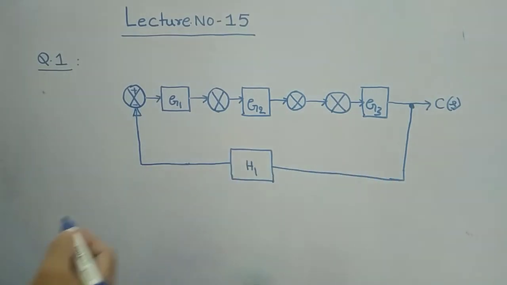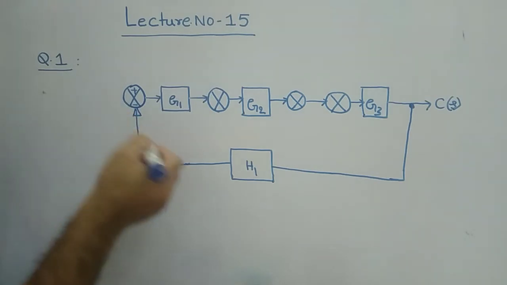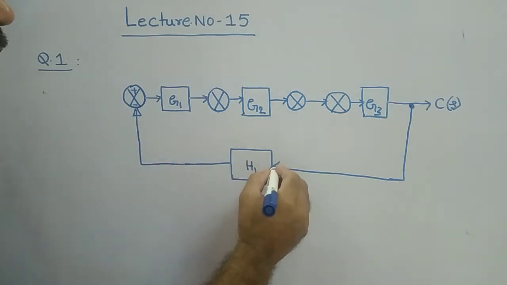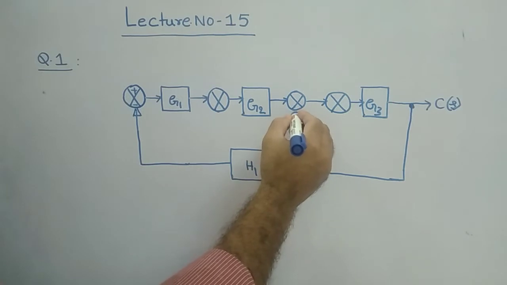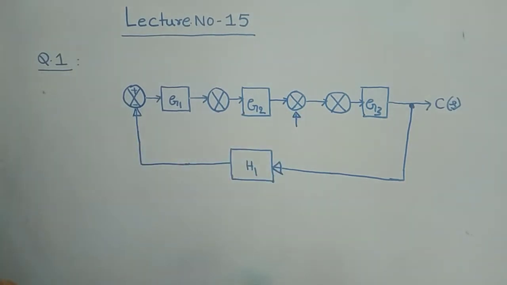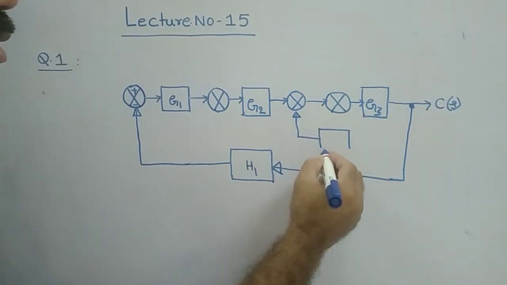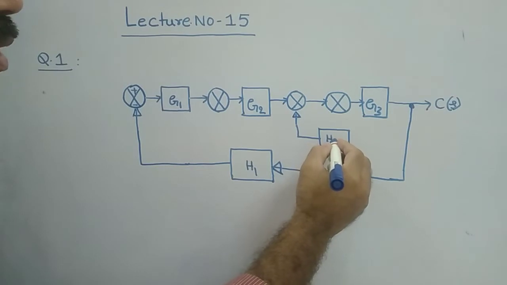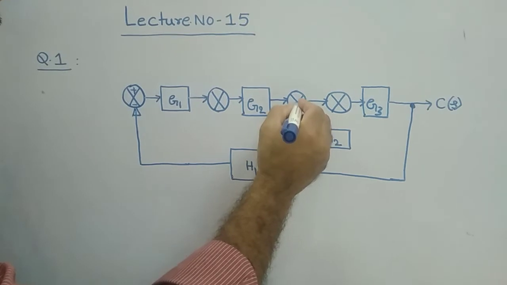Okay, this is coming like this. As it is reaching in reverse direction, the same arrow mark can also be represented here, to avoid the confusion. And then after G3, okay, so here before this summer, you have one more feedback loop coming, that is the loop gain H2, and it is going to minus again.